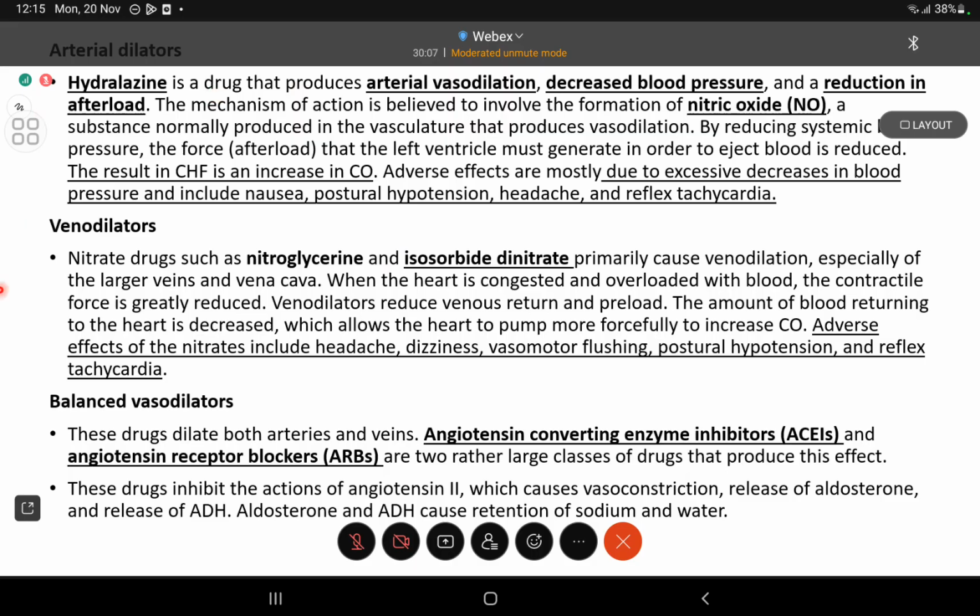Normally this will come up in the essay. They will ask you to define arterial dilator, venous dilator, and both arterial and venous dilator. So you can define according to the information from the slide.